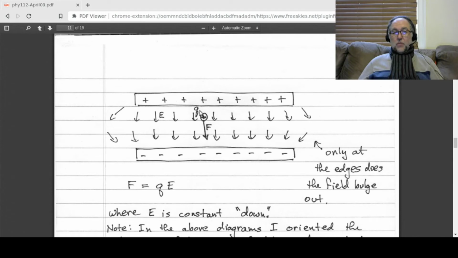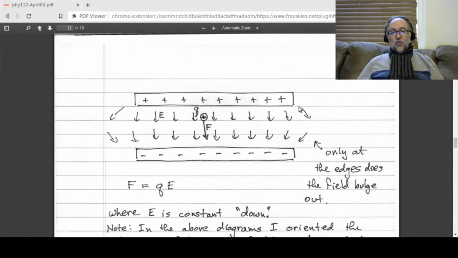Okay, so here's that charged particle Q, positive, and there's going to be a force downwards away from the positive plate and towards the negative plate, purely downwards. And if you move this test charge everywhere in between these two parallel plates, you would find that at every point in space, the electric field is pointing down, away from the positive towards the negative. Okay, and so you've got that. Only on the edges does the electric field kind of fray out.